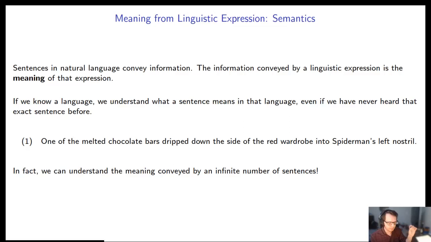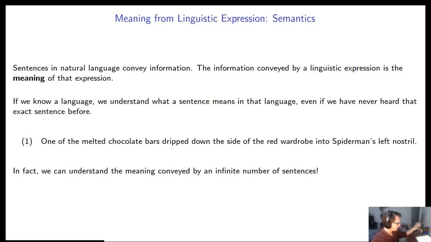You can hear a sentence before and you can determine if the sentence is grammatical or ungrammatical. You can produce a sentence and say, oh, what I just said is grammatical or ungrammatical. You can have a new thought that you have never thought of before, and you can find the words to express that thought, even if they've never been uttered by any of the 300 million people that speak your language, or however many people in the world there are.